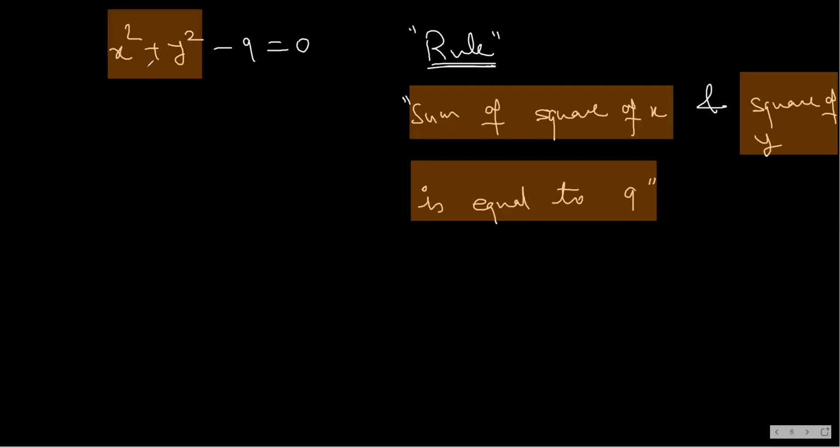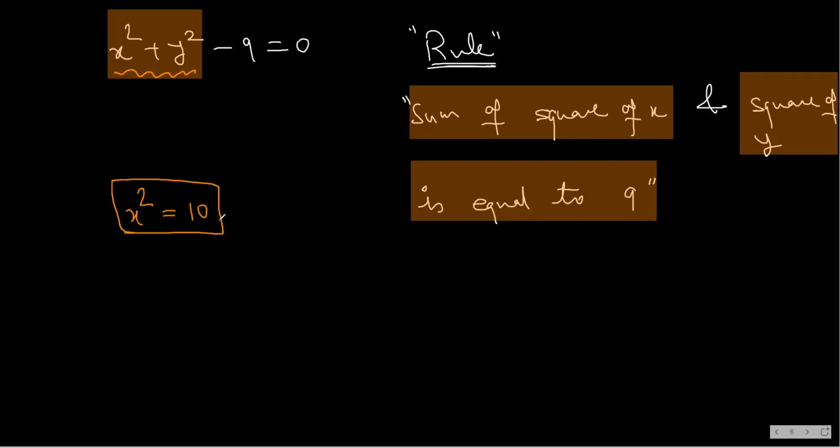So all those, see, because of this rule, the x and y values are governed. They are always governed. You cannot have, in x square plus y square minus 9 equal to 0, x square equal to 10. You know why?